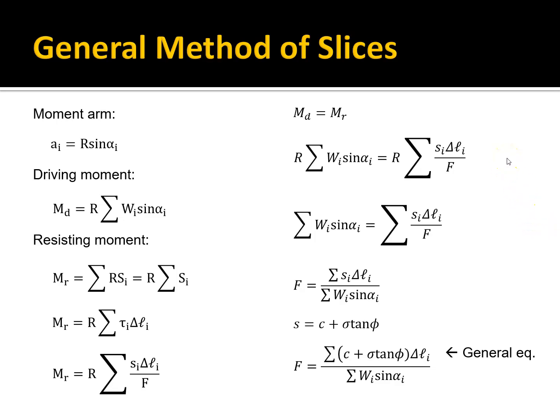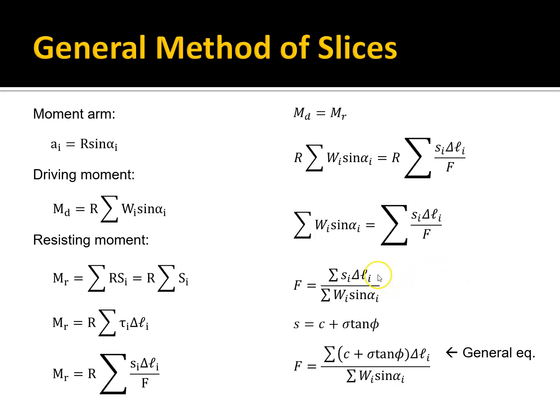And we get this equation, and we can divide both sides by R, and we get the sum of Wi sine alpha I is equal to the sum of SI delta Li divided by F. Solve that equation for F, and we get the factor of safety equals the sum of SI times delta Li divided by the sum of Wi times sine alpha I, which again is just this.